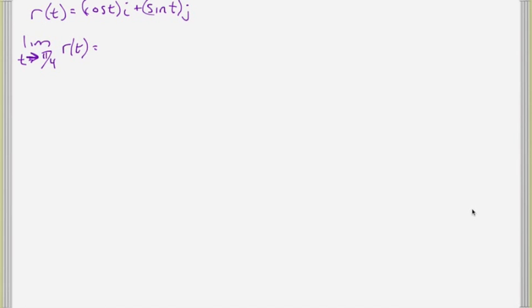So we're going to take the limit as t goes to pi fourths of cosine of t i plus sine of t j.